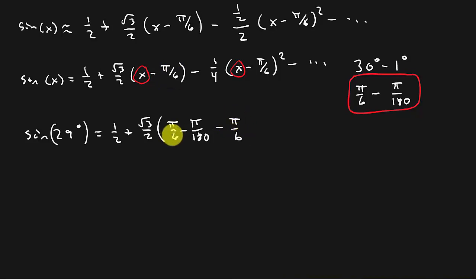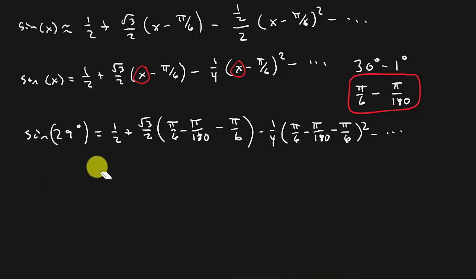And see what that does is that just cancels out the pi over 6's. Okay, and then minus 1/4 times pi over 6 minus pi over 180 minus pi over 6 squared minus ... And so I get sine of 29 degrees is approximately, and I tell you what I should have done.